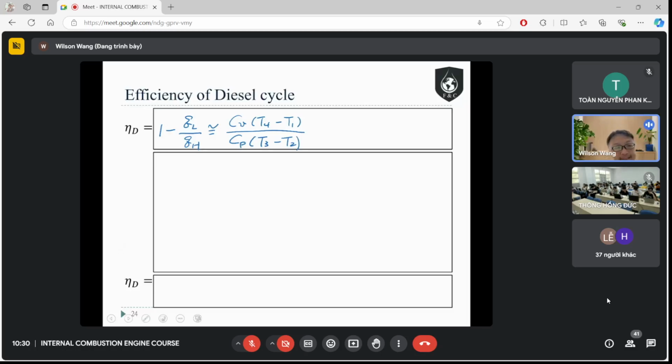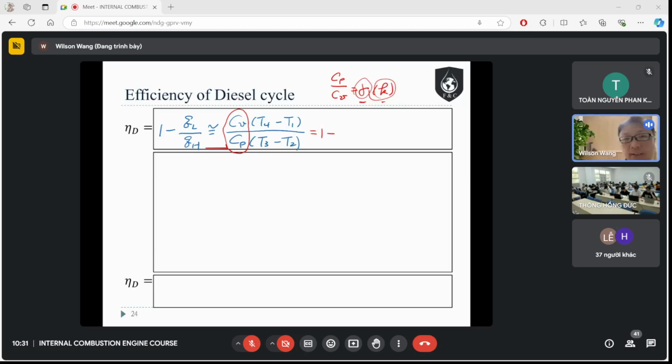We know that Cp by Cv is called gamma in some textbooks, or K as well. It doesn't matter, it could be gamma or K. We call it the ratio of the specific heats, or specific heat ratio. Here we can use K.